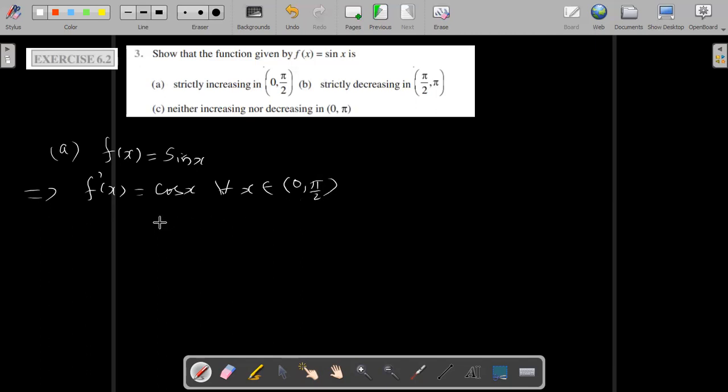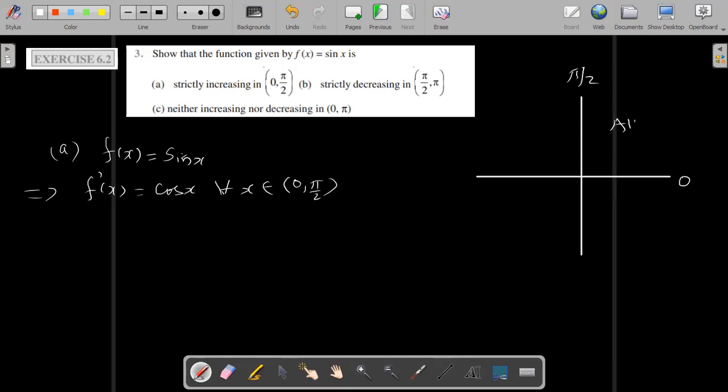So as I told you, 0 to 90 degrees means first quadrant. You can understand it this way also: 0 to 90 degrees is the first quadrant, pi by 2 and 90 degrees.